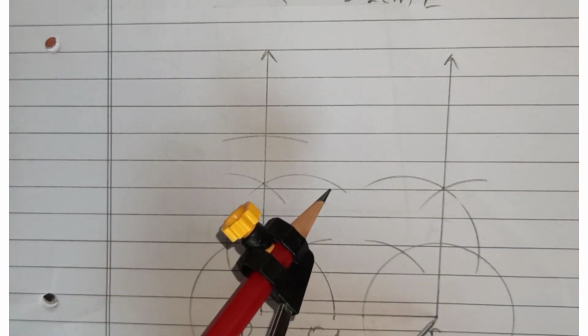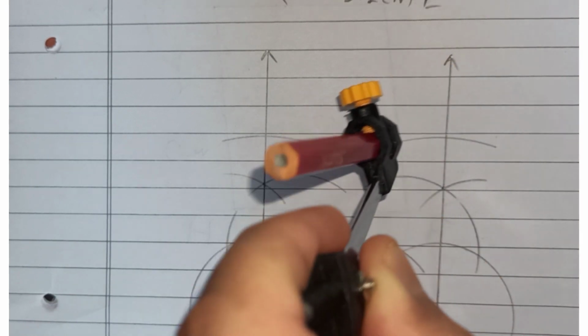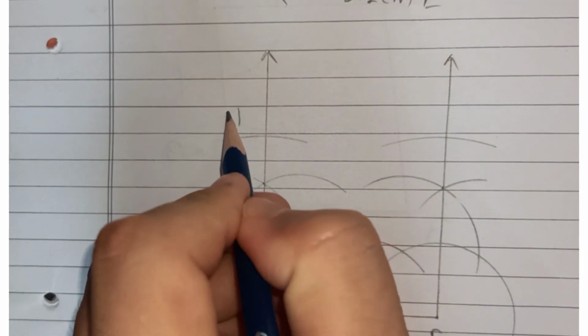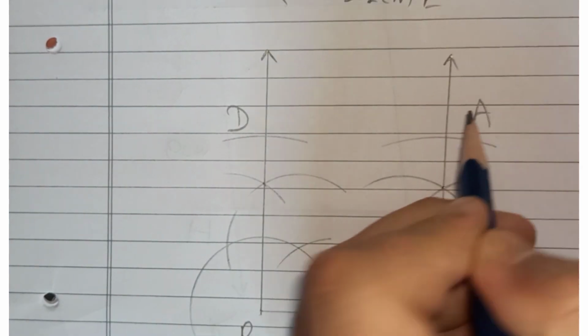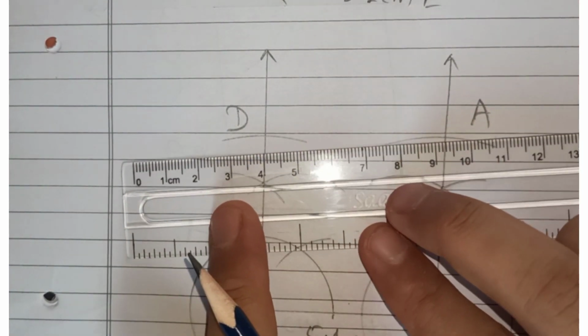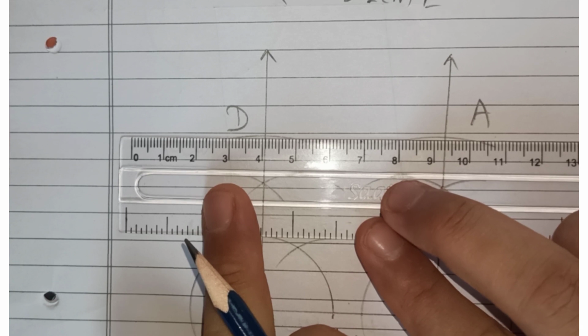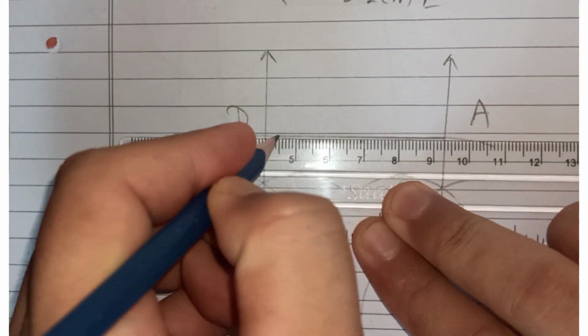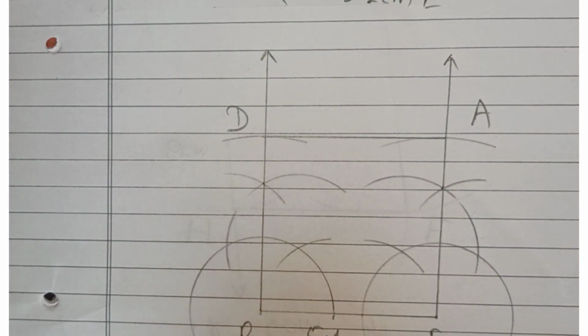Then from point E, cut an arc on the ray which you have drawn. After that, give this name as D, and this name as A. Now join them. This becomes your square READ.